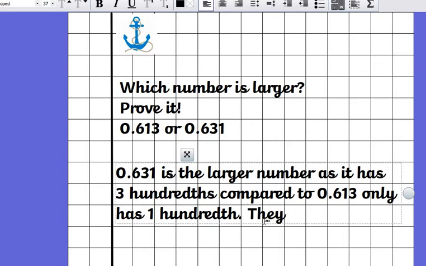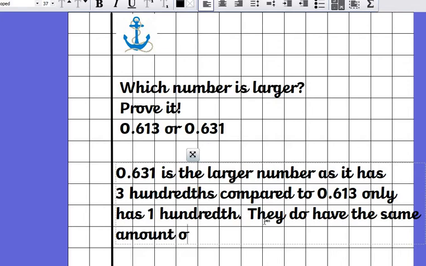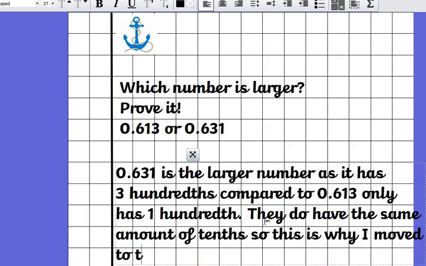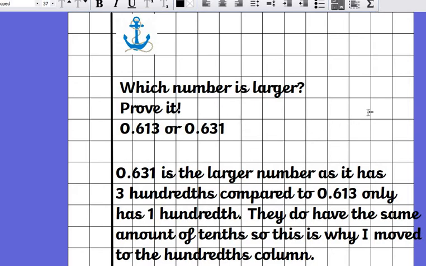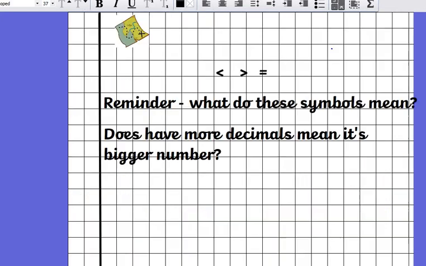They do have the same amount of tenths, so this is why I moved to the hundredths column. Okay, so that's a nice prove it. I have looked at the two answers and I have proven that 0.631 is larger.